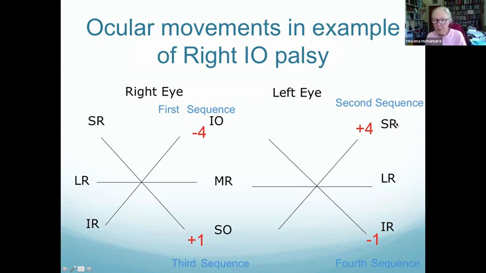The secondary part is the overaction of the superior rectus in the left eye, but very little overaction of the ipsilateral antagonist and very little underaction of the contralateral antagonist. So we've got stage 1 and 2, but very little stage 3 and 4. And so this is unique to each patient. Every patient will be different.